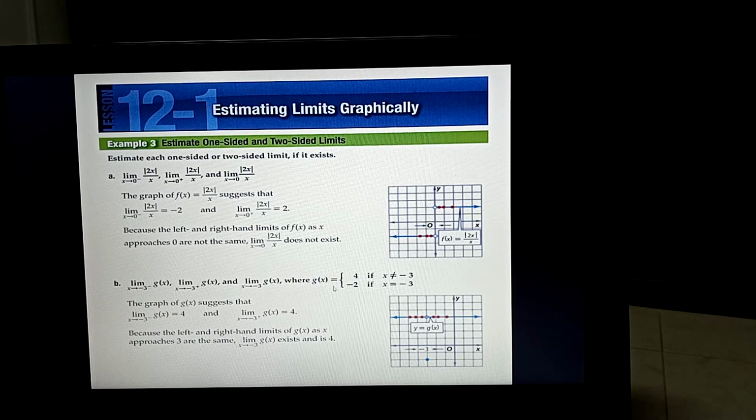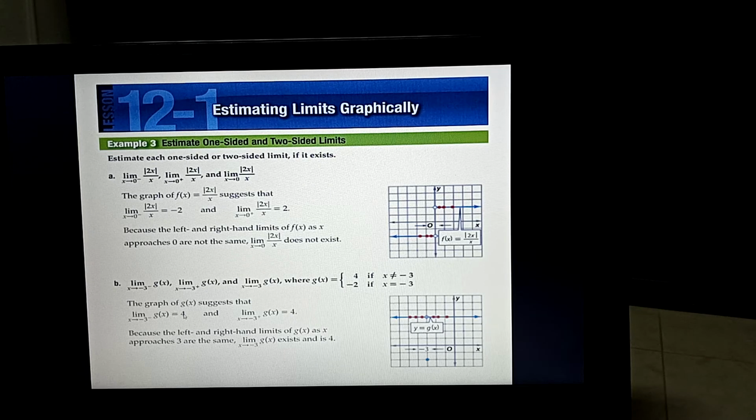What is the definition of the function? It is a piecewise function: 4 if x is not equal to negative 3 and negative 2 if x is equal to negative 3. The graph of g of x suggests that the limit of g of x when x approaches negative 3 from the left is equal to 4, because from the left or from the right I have the same value.